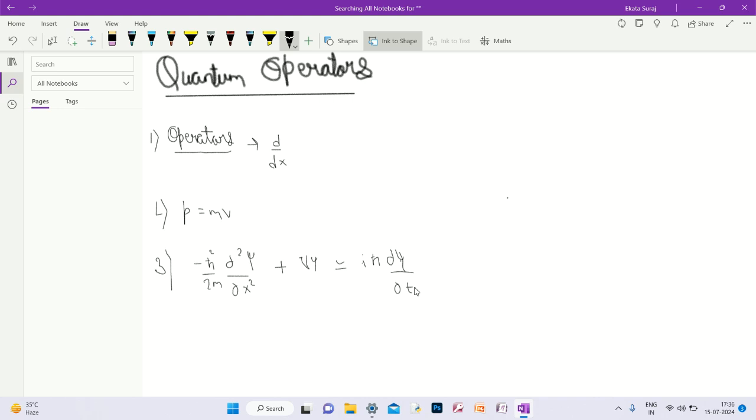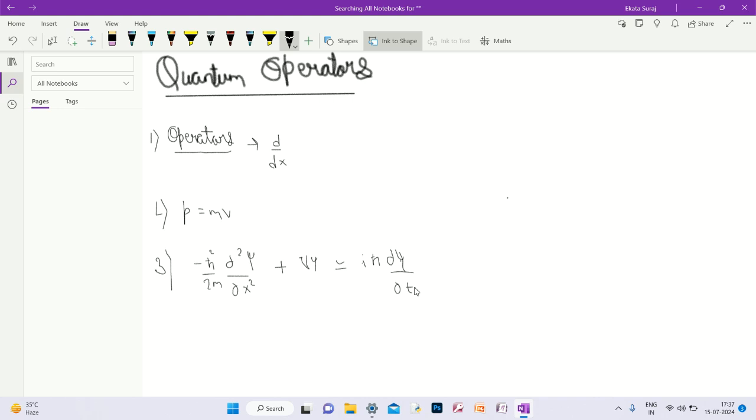Schrodinger published it when he realized that wave particle duality exists, that particles also behave like waves, which was discovered. Schrodinger published this particular wave equation in less than 1 month. First of all, I will try to explain this equation. This is a differential equation. So what exactly is a differential equation?